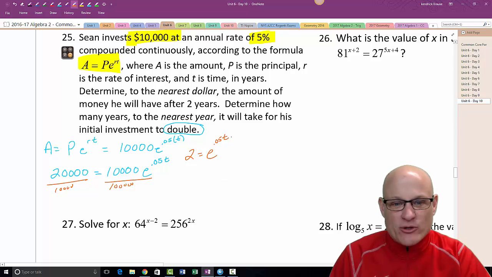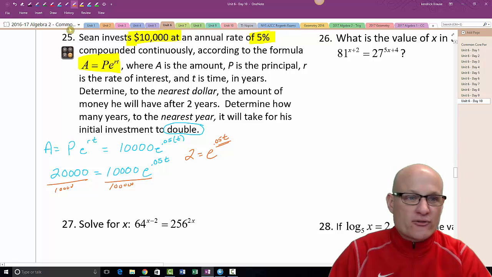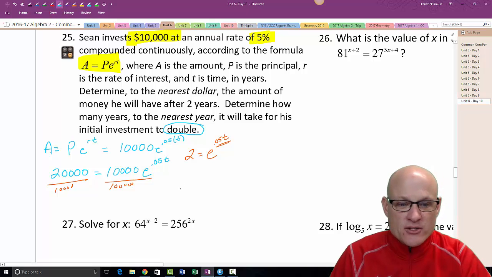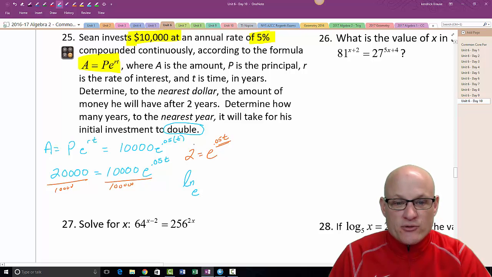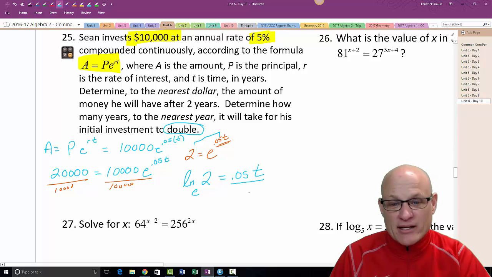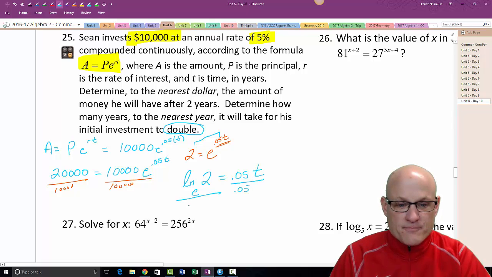This is the one time when you've got an e and a variable that's an exponent that you have to use natural logs. So it's all about the base. It's going to be the natural log of base e. These two things switch. Natural log of 2 is equal to 0.05 times t. Well, we still got to get t by itself, so we divide by 0.05, and that'll tell me what my t value is.